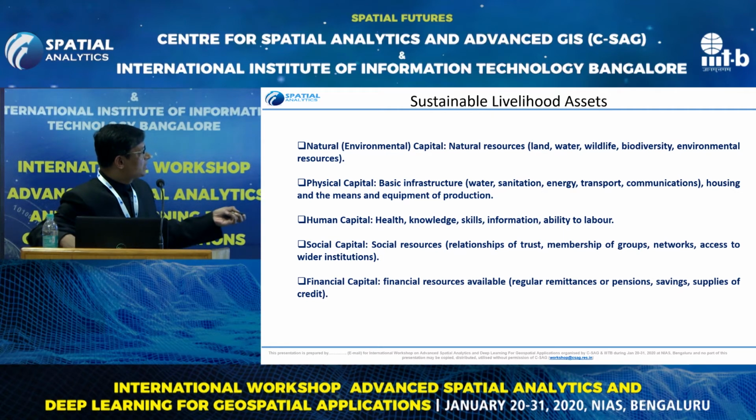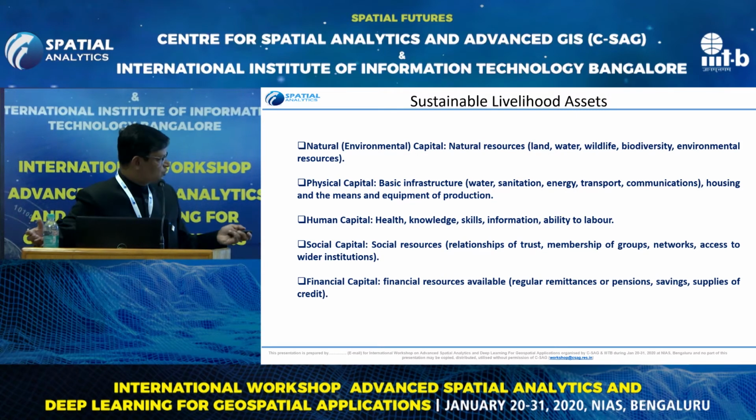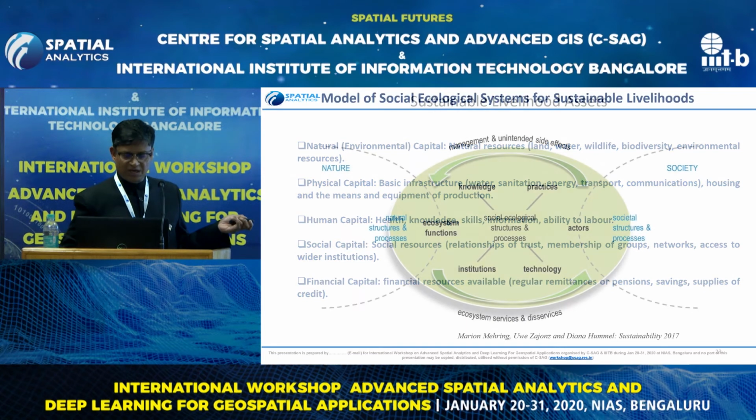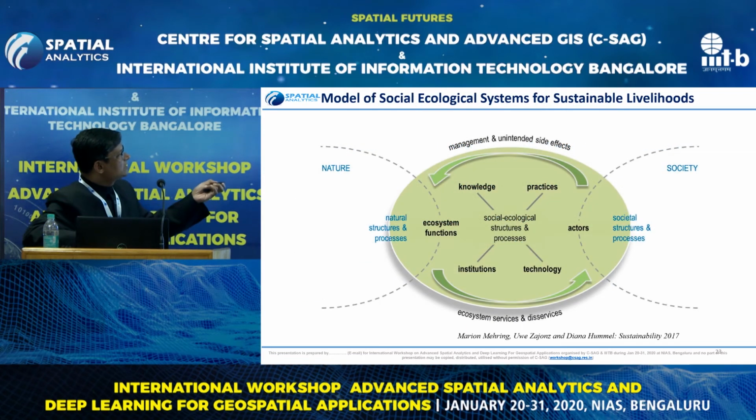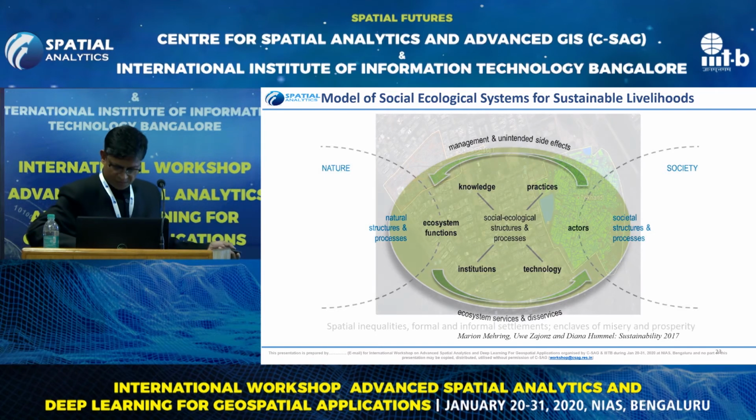Some of the social capital we don't collect; that is given by sociologists, and we are looking at how we can link them. These are the socio-ecological systems for sustainable livelihood. These are the natural processes and these are the societal processes, and the knowledge, practice, institutions, and technology through which both society and nature interact.